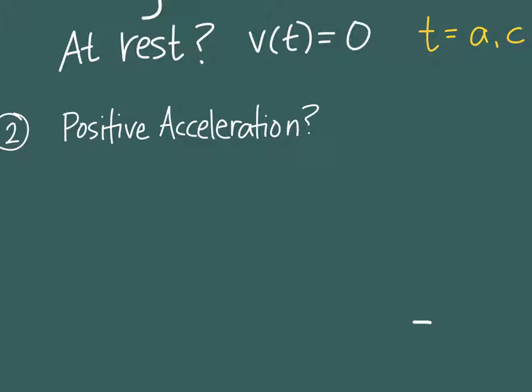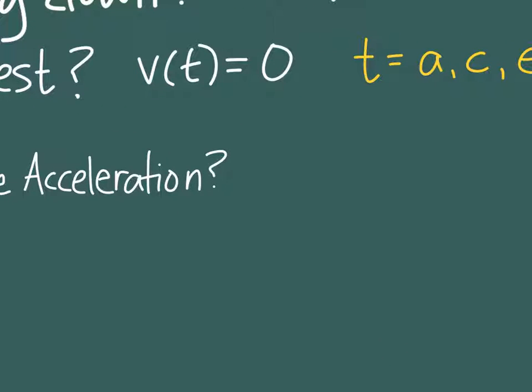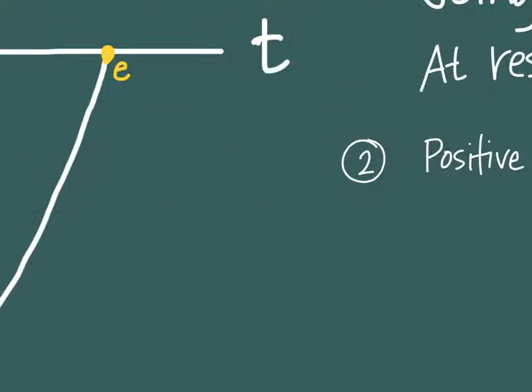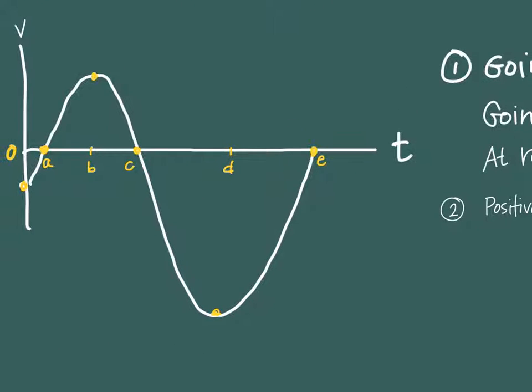And so if I want this to be positive, I want A of t, which is equal to the slope of velocity, to be greater than 0. So where, if anywhere, is this graph having positive slope?